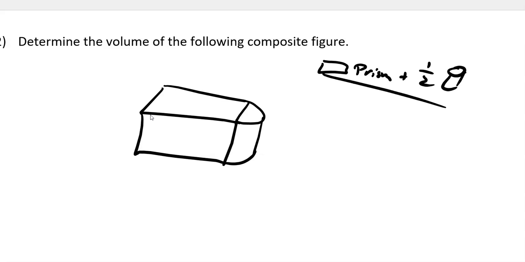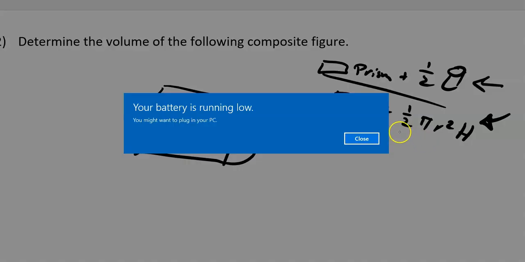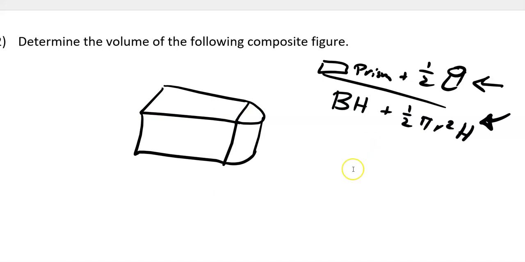You always come up with a plan that you know is 100% correct, and then you build off it. Then you know it is area of base times height plus 1/2 pi r squared h. Now you had something that you knew was 100% true. Then you filled it in with formulas that you know are 100% correct, and then you would go over and gather up your information and put your numbers into here. Does anybody have any questions on that?